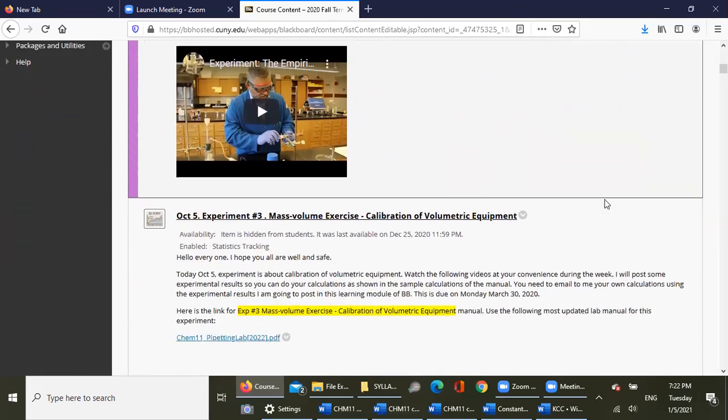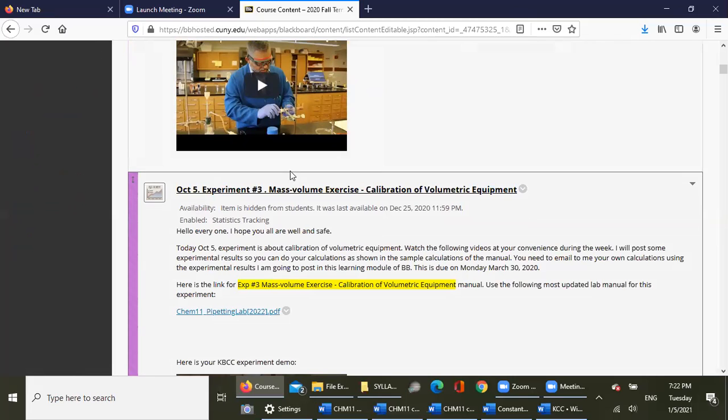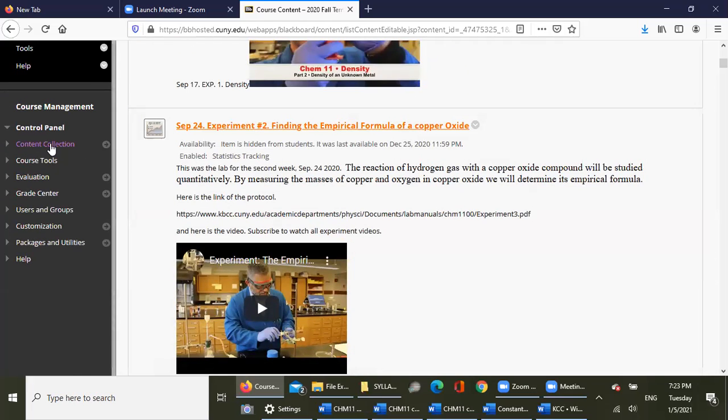All right. The next experiment, experiment number 3, is going to be the mass volume exercise, calibration of volumetric equipment or volumetric glassware. The manual for this experiment is not on the physical science department website. You find that only here.